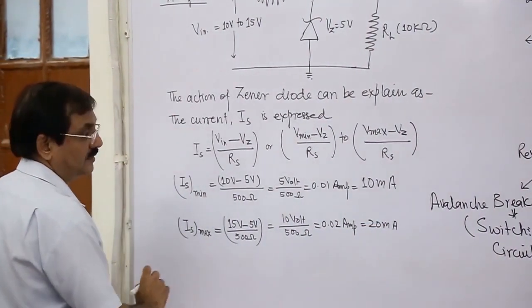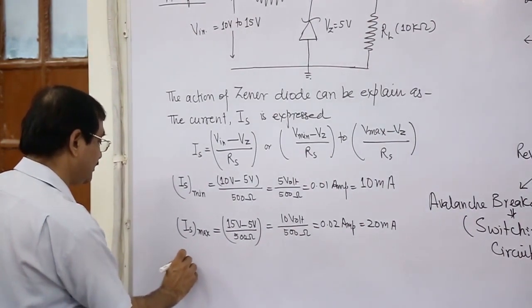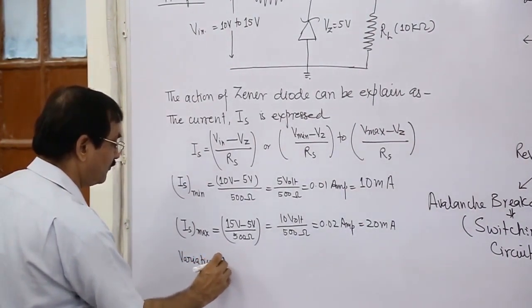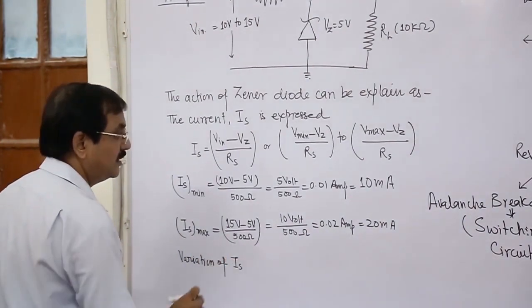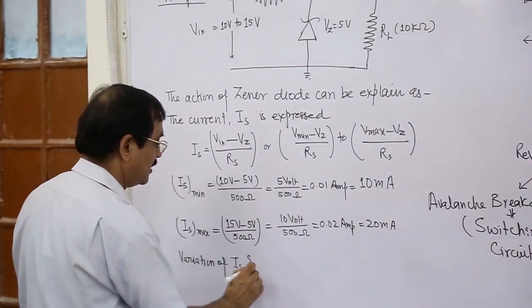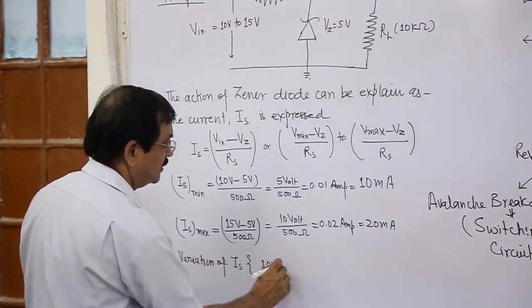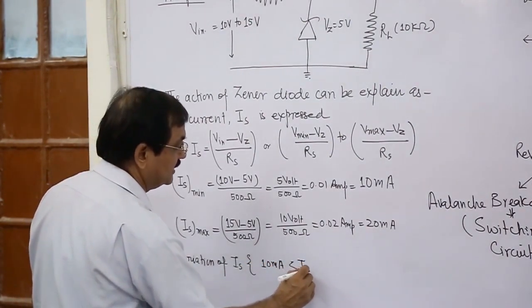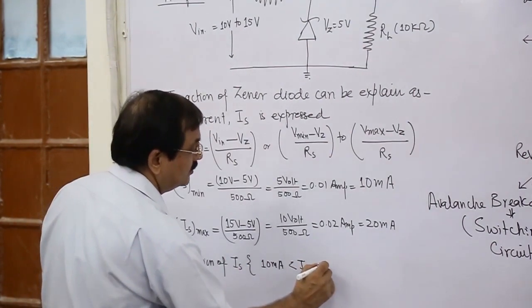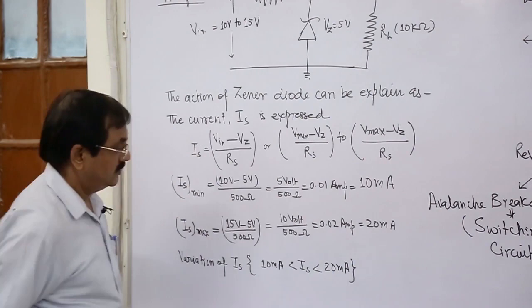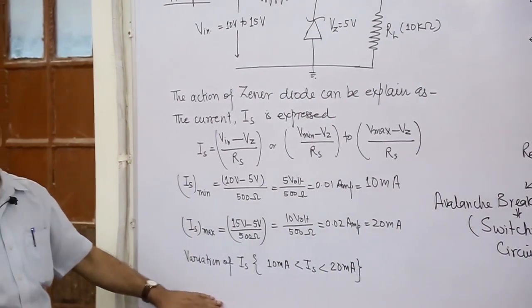So, the variation of IS is 10 milliampere less than IS less than 20 milliampere. This is the variation.